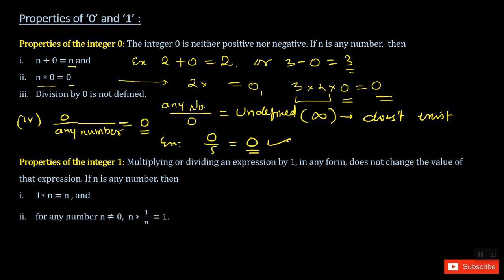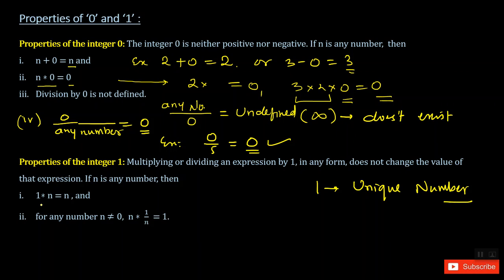Even though that number is negative, positive, decimal, fraction, its value remains the same. That's the reason 1 is called a unique number, as the value of the number with which it is being multiplied, or to which it is dividing, doesn't change.